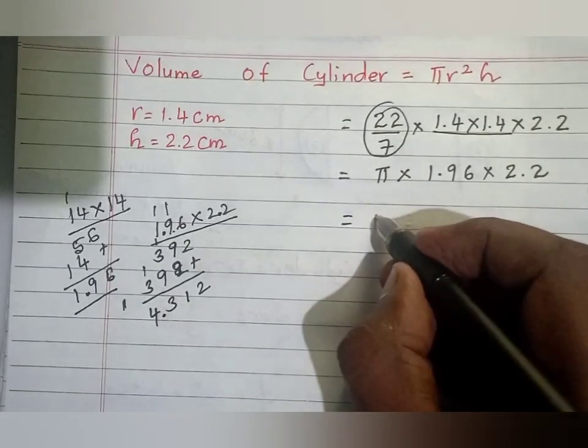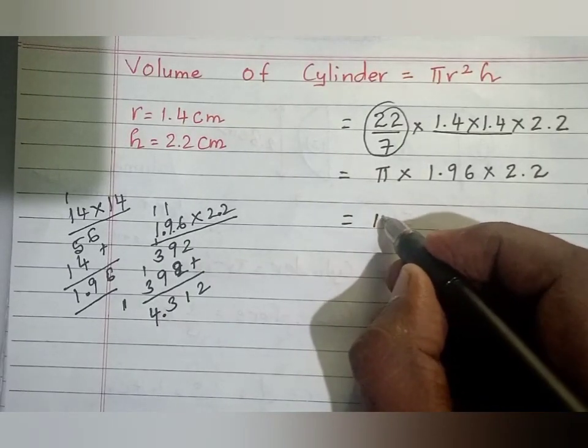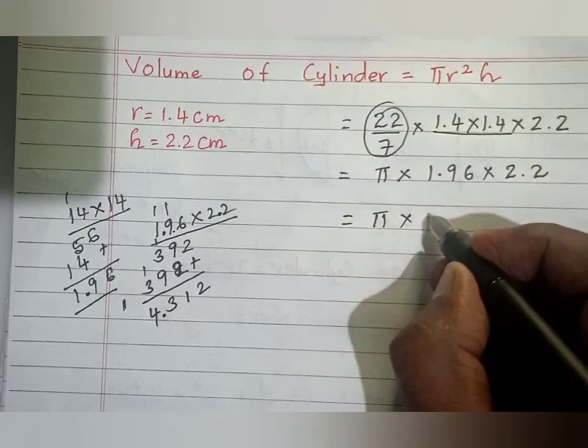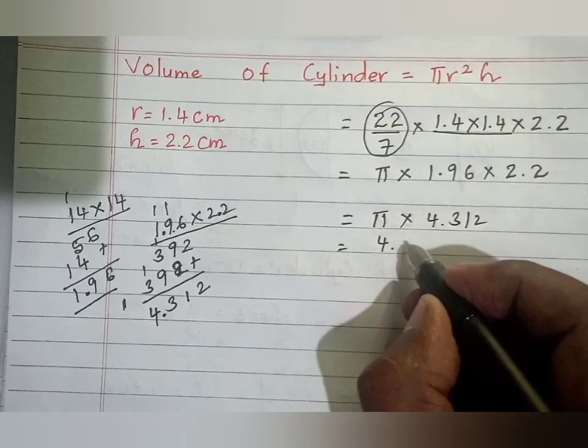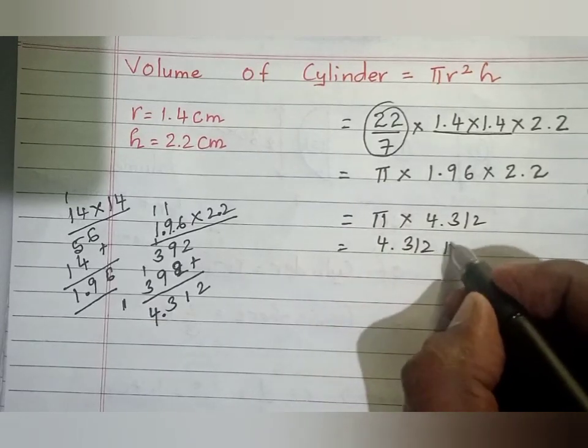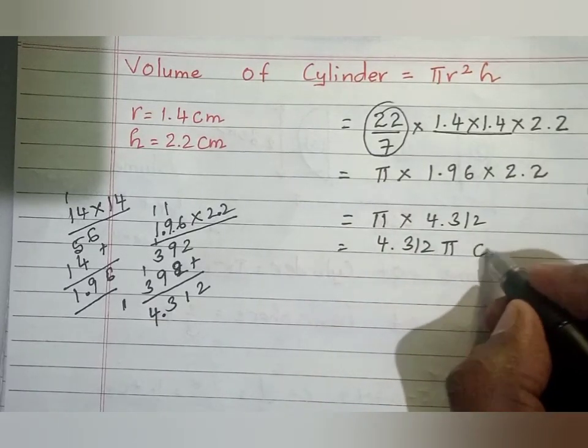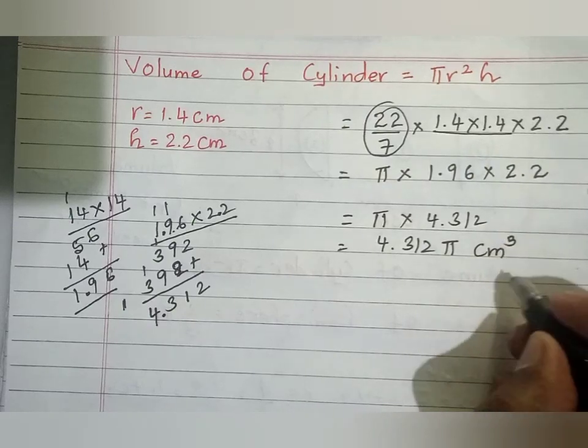So we'll get pi into 4.312, otherwise 4.312 into pi. Since it is volume, it is centimeter cube.